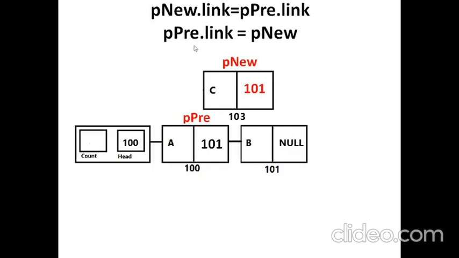Next is ppre.link equal to pnew. What will happen? This link equal to 103. So what has now happened? The linked list has been modified: head is pointing to 100, 100 is pointing to 103, and 103 is pointing to 101, and 101 is the last node.